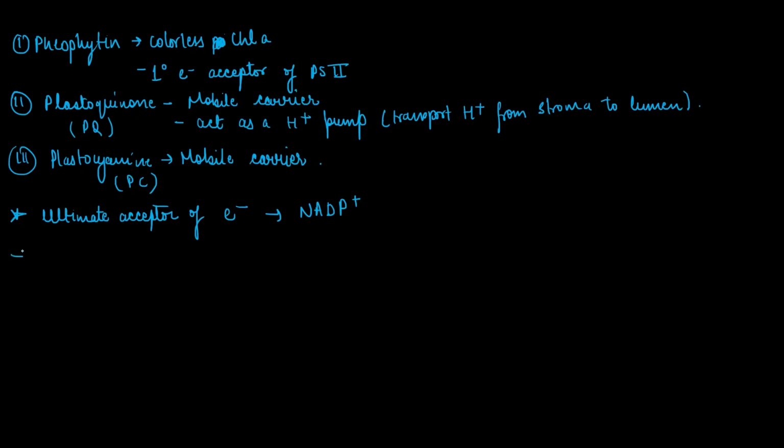Now the question is, what enzyme? Because if some reaction is happening, there must be certain enzymes catalyzing this reaction. So what enzyme is catalyzing this reaction? NADP plus hydrogen ion plus electron is converted into NADPH.